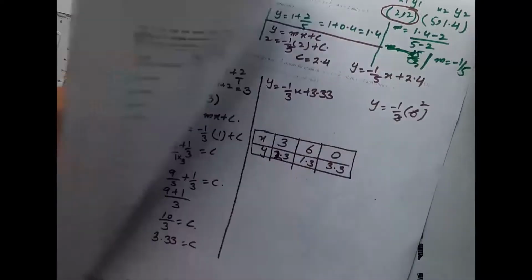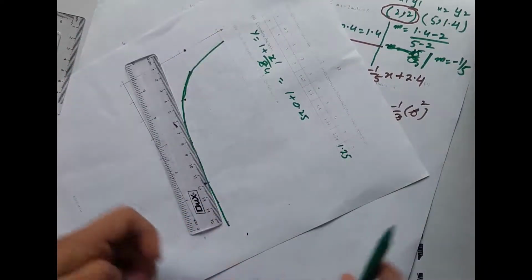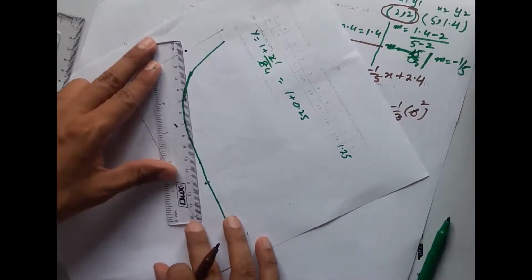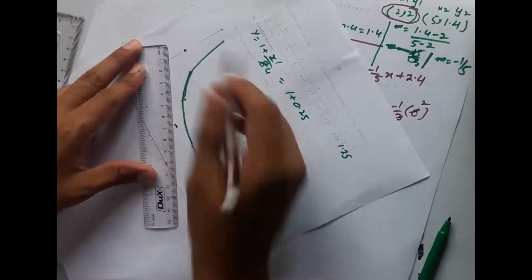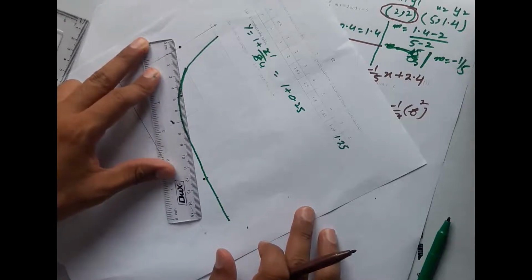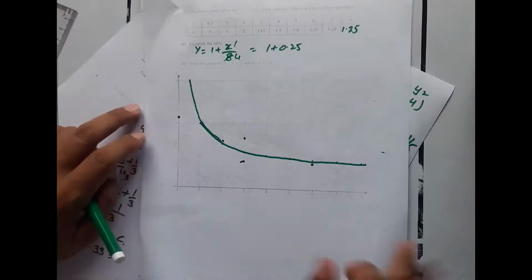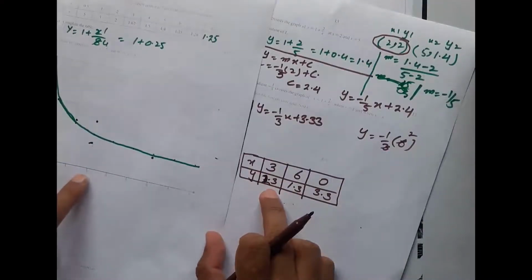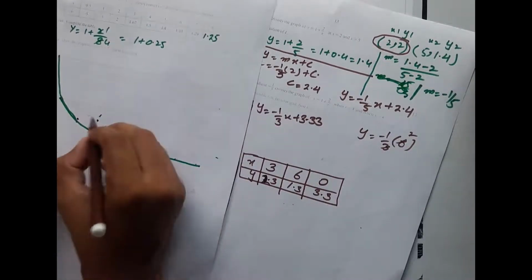Now we have to join them by a simple line. First we put 3, which is equal to 2.3. 2.3 is here, this is the final point.